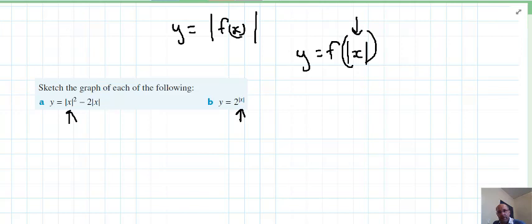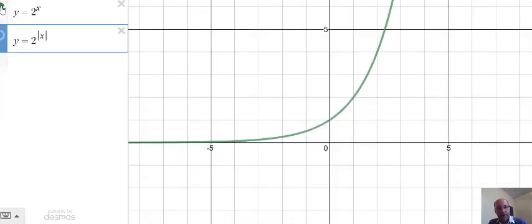So the last example was 2 to the absolute value x. We know the shape of 2 to the x, but what about 2 to the absolute value of x? So there's 2 to the x and there's 2 to the absolute value.